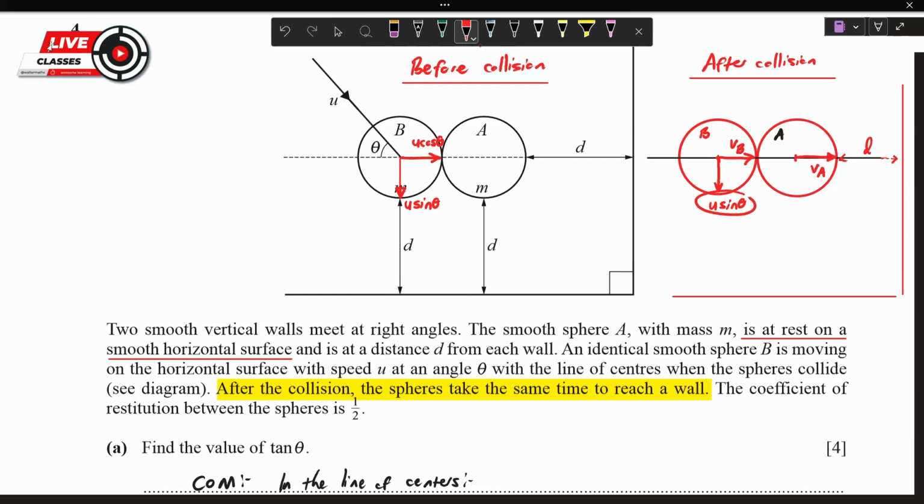All right. And what that automatically means is that since they're taking the same time and they're traveling the same distance, because again, the distance to this wall here is d, it automatically means that the speed of A as it approaches the wall is the same as the speed u sine theta as it goes towards the wall.